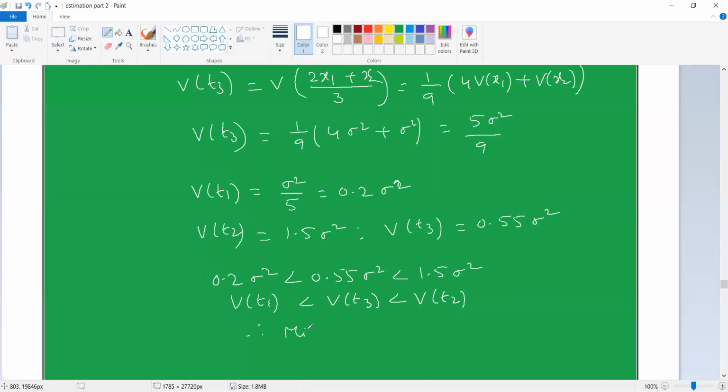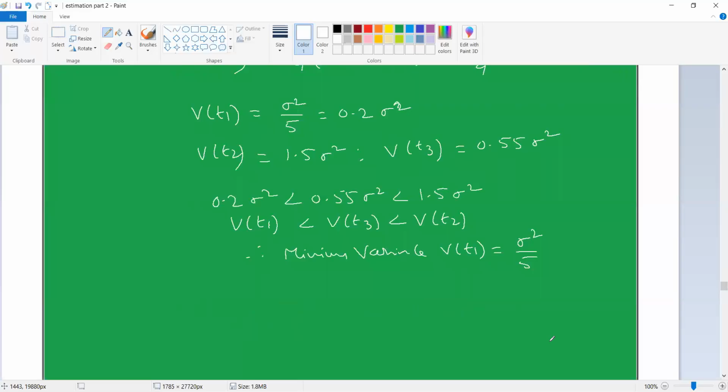Therefore, the minimum variance is variance of T1, equal to sigma square by 5. Actually this is the original process, but from the examination point of view, there is no need to follow it. X bar is always the most efficient estimator compared to any other estimator.